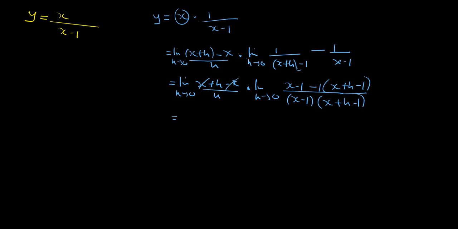So now as h approaches 0, we'll have h over h, like that. Then also this one is being divided by a certain h, so that is times the limit as h approaches 0, like that.